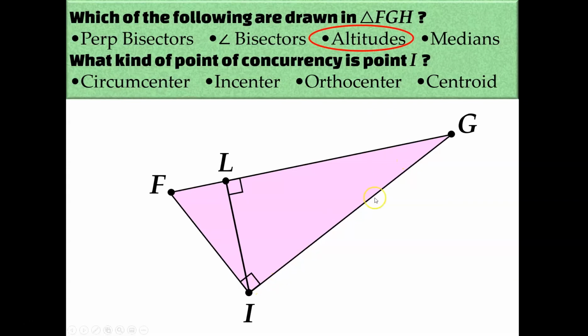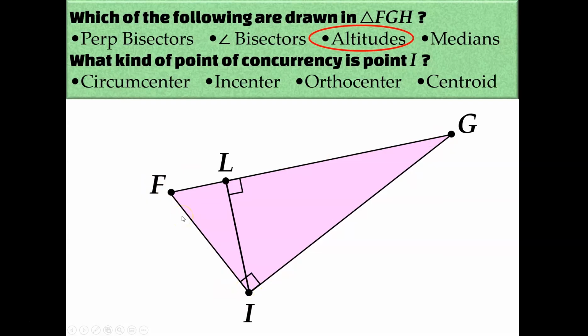Well, in order for us to draw a segment that is perpendicular to side IG and connects to the vertex on the opposite side, it would actually just be this side length of the triangle. FI is simultaneously a side of the triangle, as well as one of the altitudes.